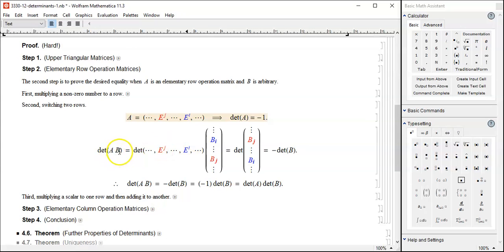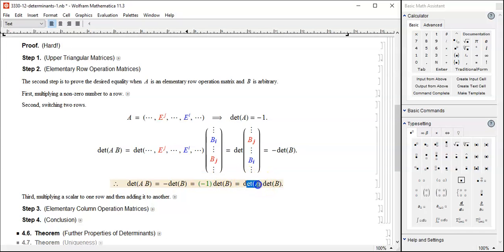And if you apply this elementary row operation, then what do you get? Switching these two rows, so we have to have negative of the determinant. And then put those together here. Determinant of AB is, as you've seen here, negative of determinant of B by this alternating property, or equivalent to -1 times the determinant of B. But what is the -1?